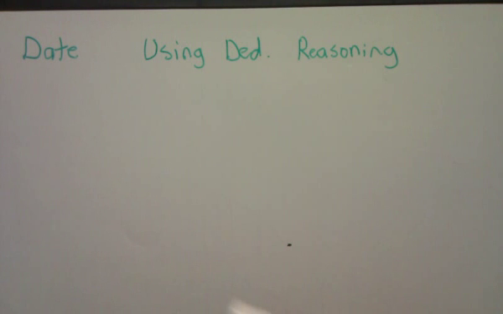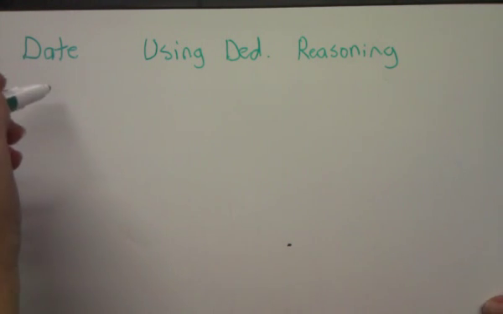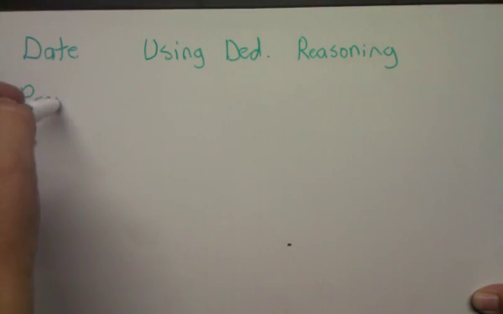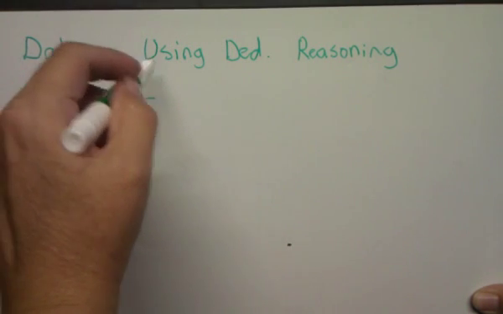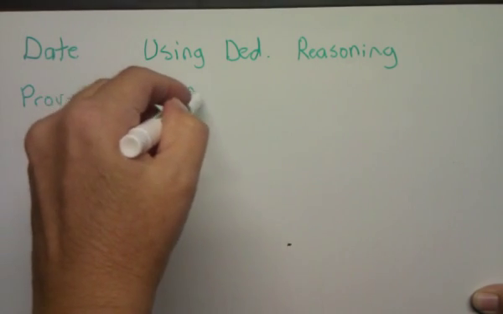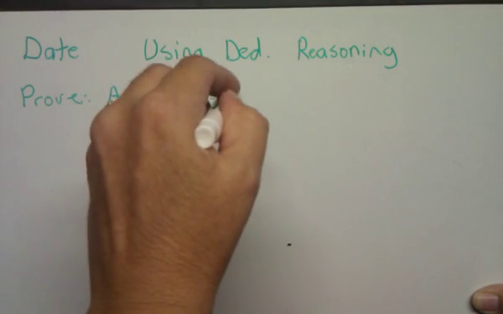For example, I want to prove that AC minus AB equals BC.